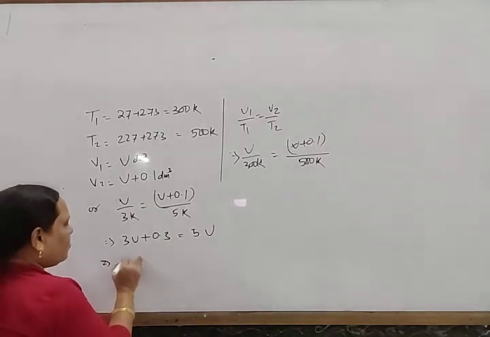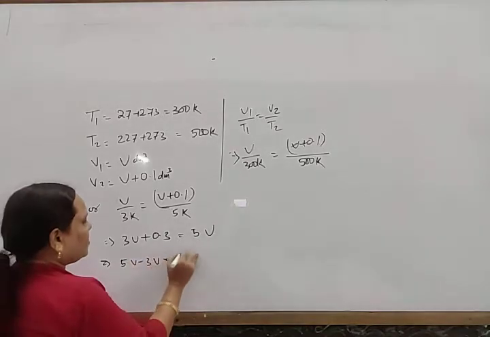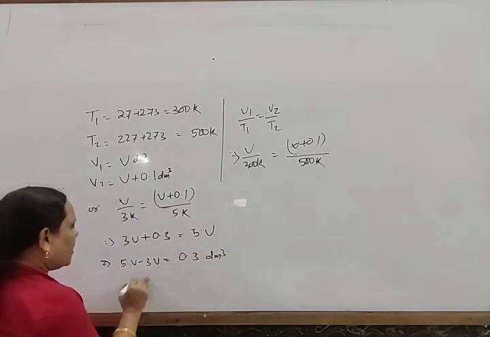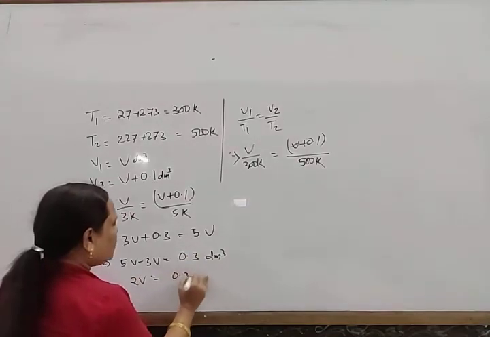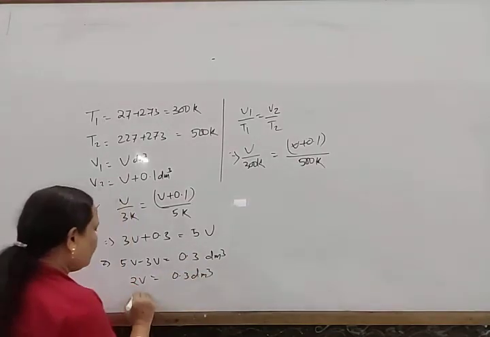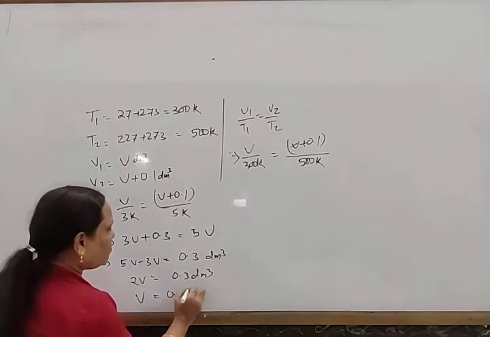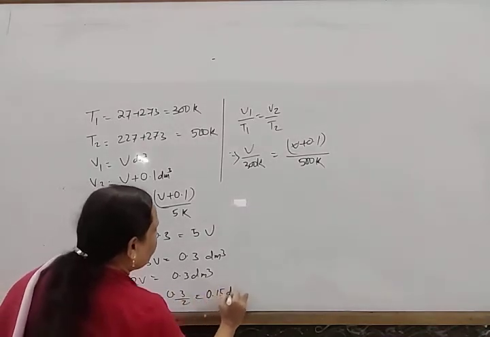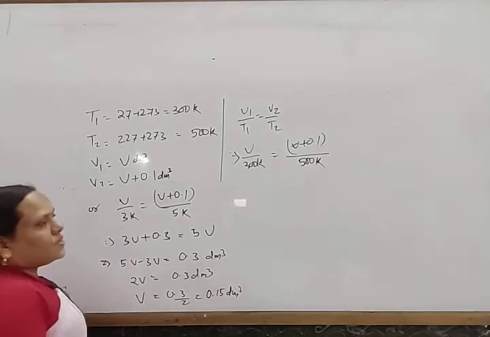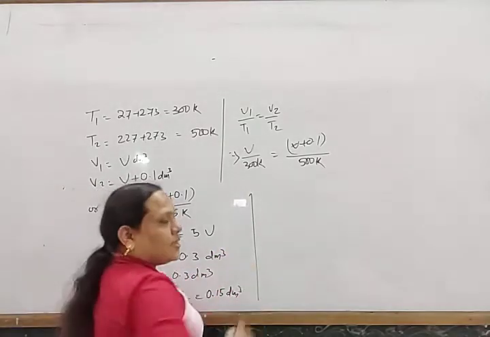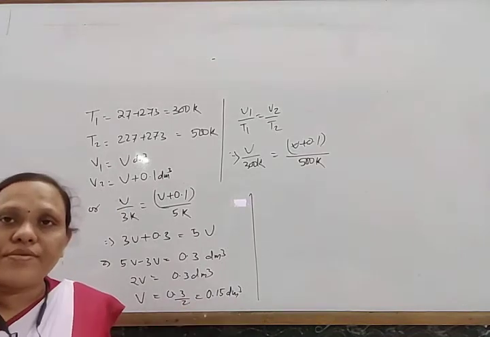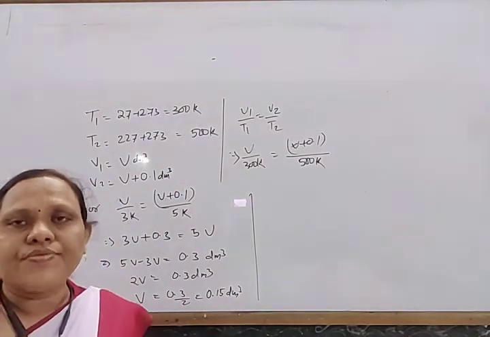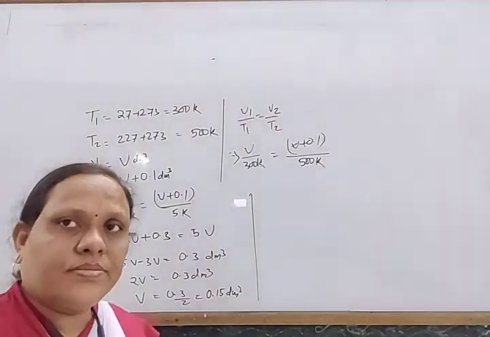That implies 5V minus 3V, 2V equals 0.3 dm³, and V equals 0.3 by 2, 0.15 dm³. So the volume of the container is 0.15 dm³. In this way you can solve this type of problem.